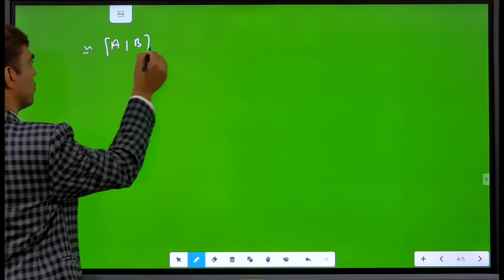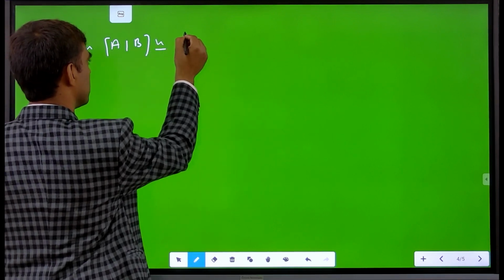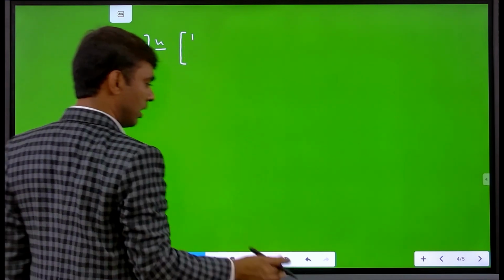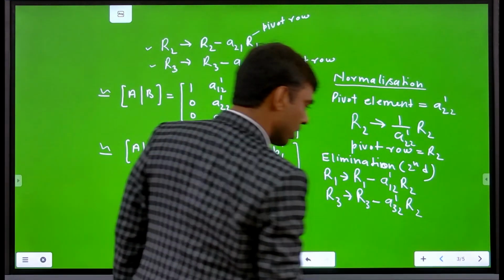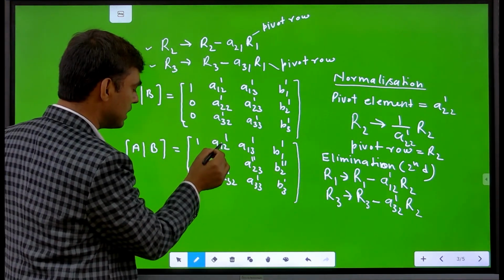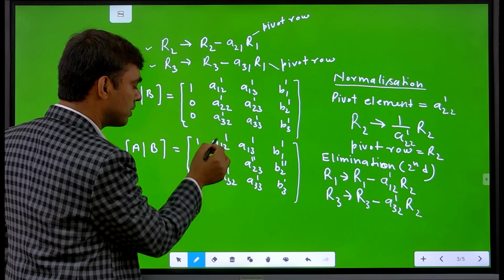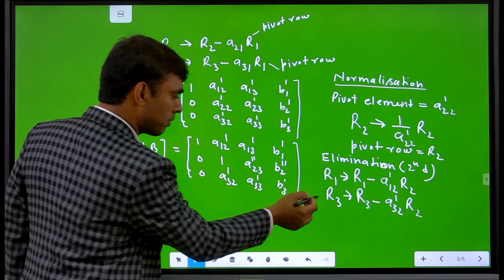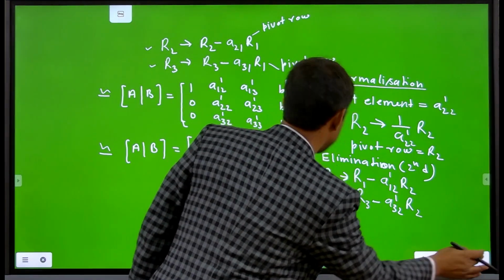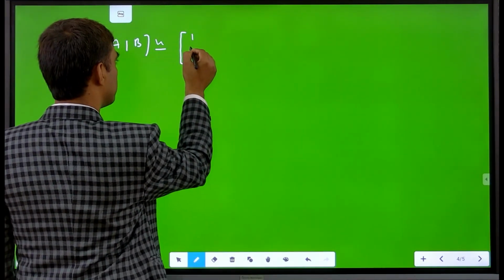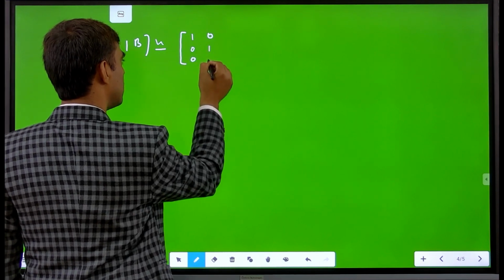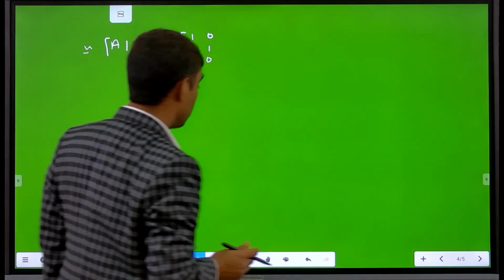Here we write 1, and also there is a change after performing this operation on R1: A12 dash becomes 0, and after performing the other operation this becomes 0. So the first row becomes 1 0 0 and the second row becomes 0 1 0.